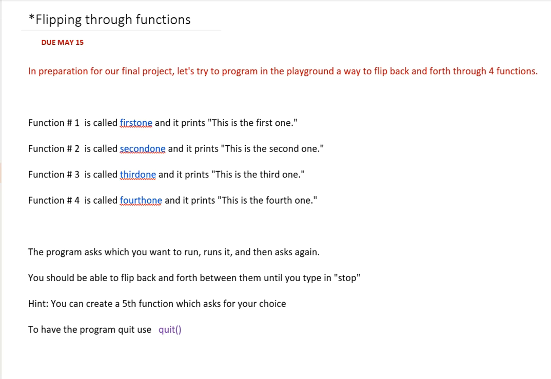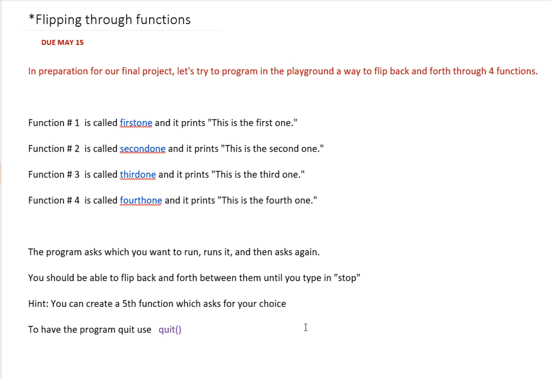So the idea is you're going to build different functions, and all these functions are going to do is print those words. Okay, so then you have to have a way to choose which one, how to get to it. So that might be your fifth function, a function that allows you to choose between them. So that's pretty simple.